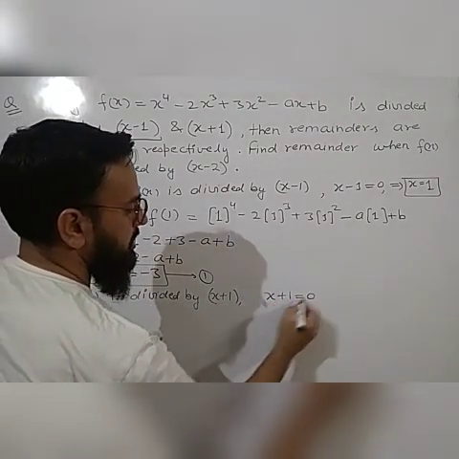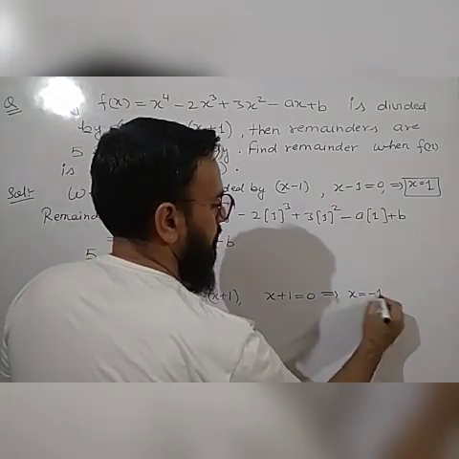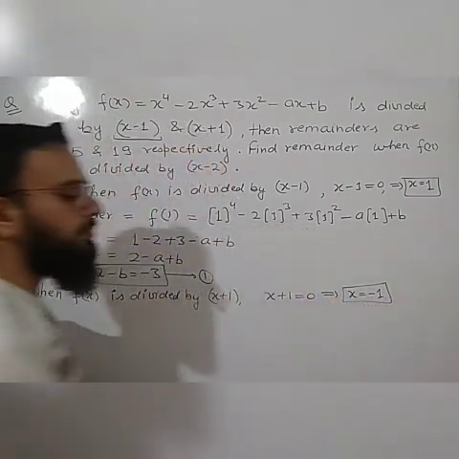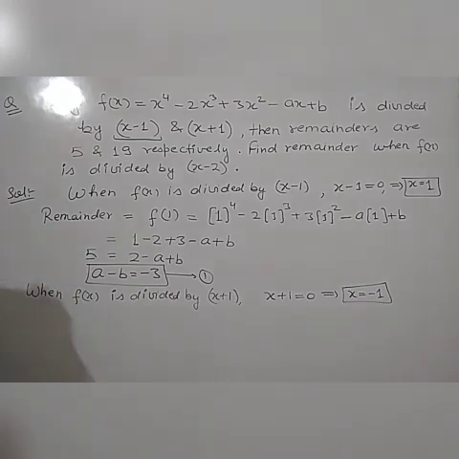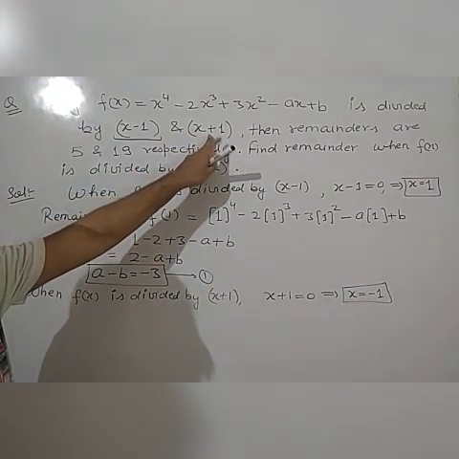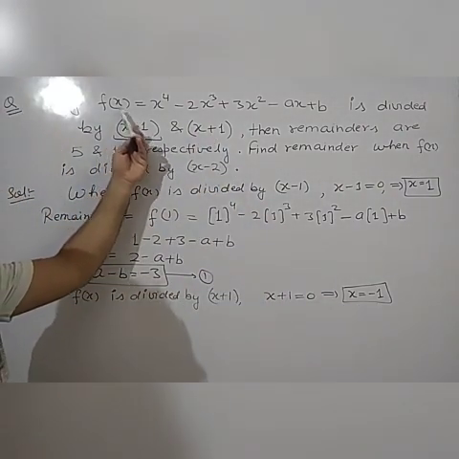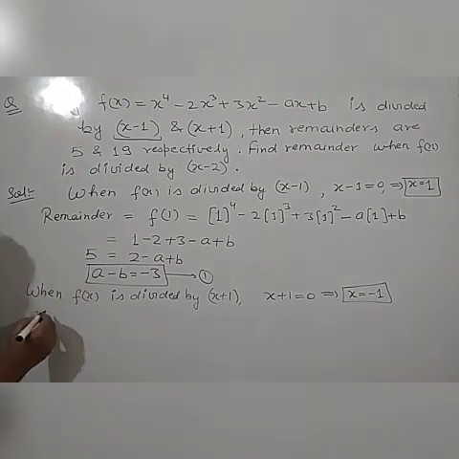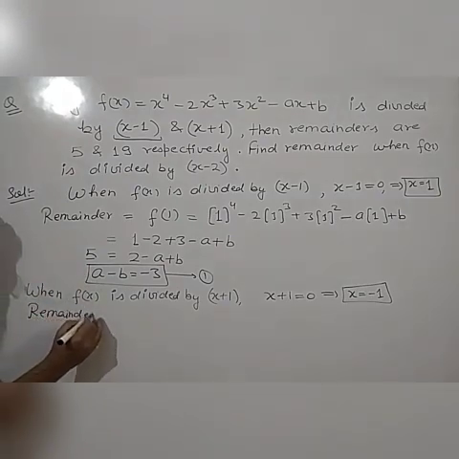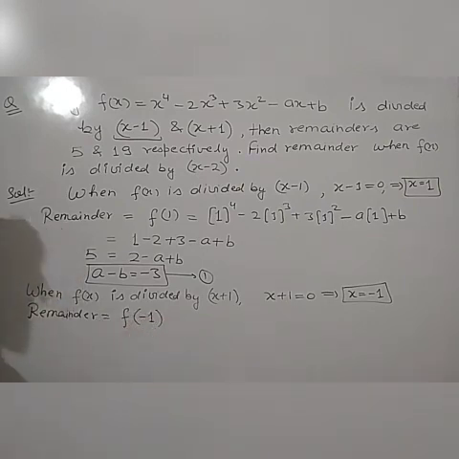Then we will get x is equal to minus 1. Now we have to find the remainder of f(x) when divided by x plus 1, so we will put x is equal to minus 1 in place of x in the given polynomial. So the remainder will be equal to f of minus 1.